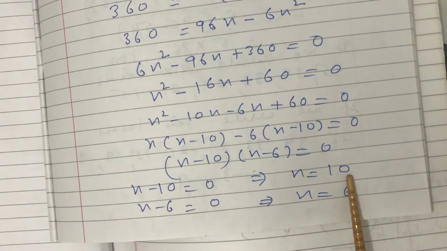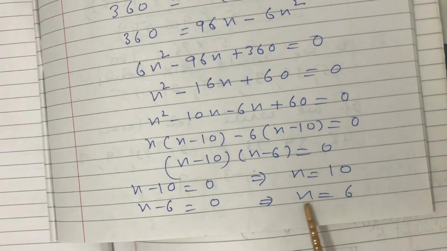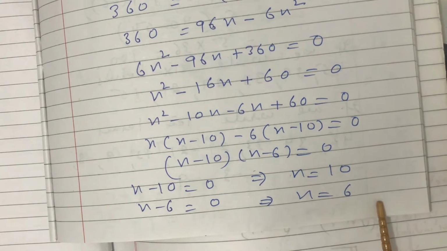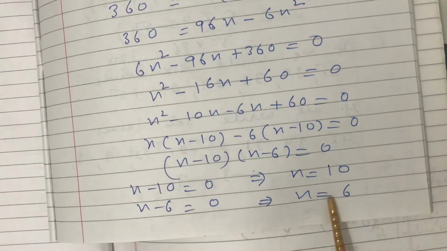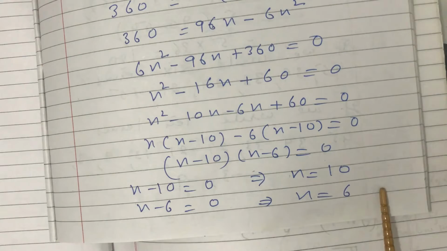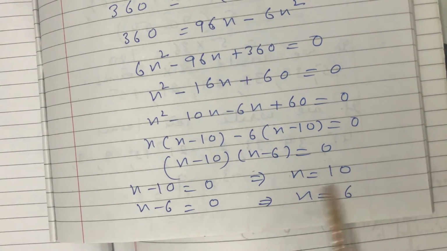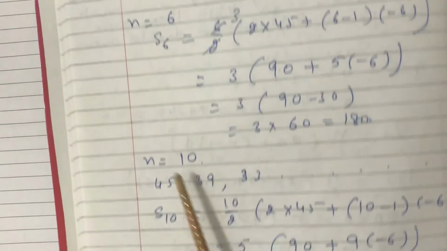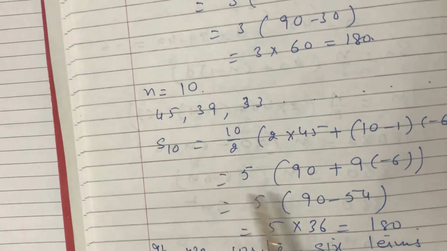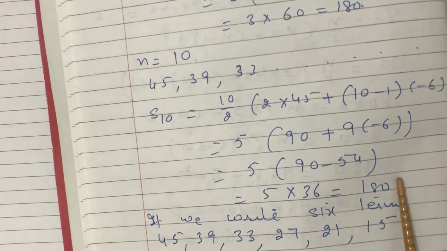If there are 10 terms, their sum will be equal to 180, and if n is 6, their sum will also be equal to 180. We have to explain why the double answer is right. For that I have explained on the next page. First, if n is 6, S6 is 180. If n is 10, S10 is 180. So the answer is right.